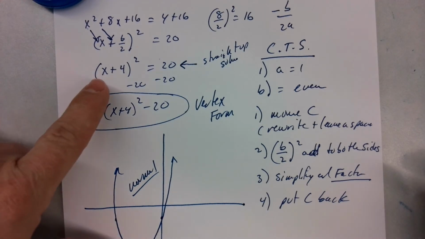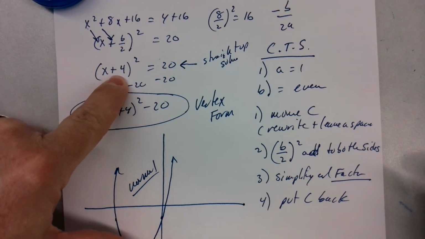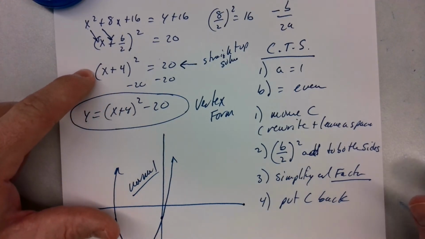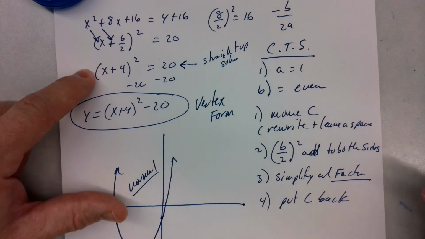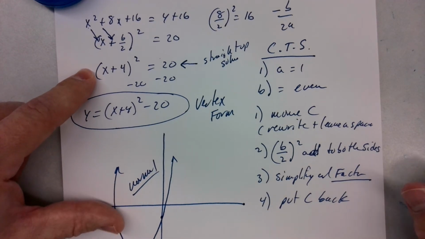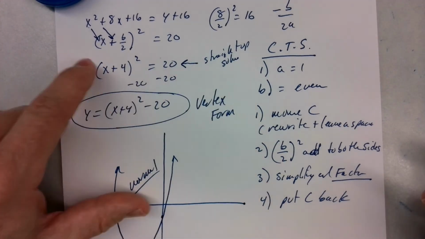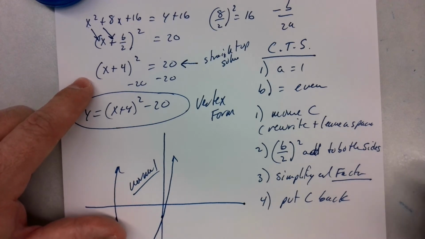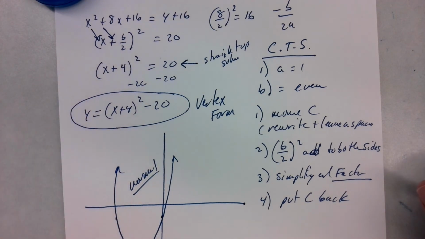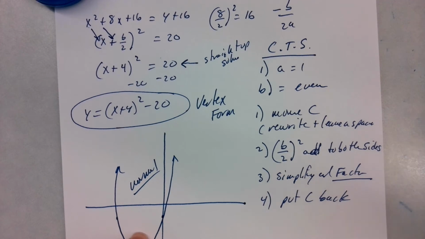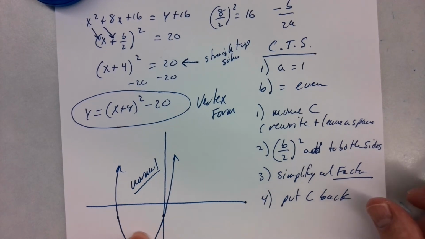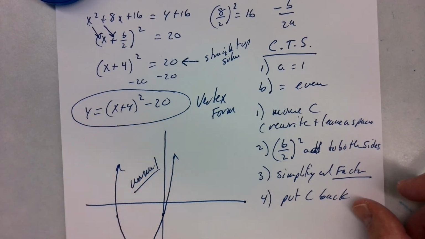Because I could stop right there and I could solve this, right? Now, what if I did that? What part of this parabola would it give me if I stopped right there and just solved this? Your x-intercepts. It'd give me my x-intercepts. Because that's one thing vertex form doesn't do, is give you your x-intercepts. But this gives me a way to find it.